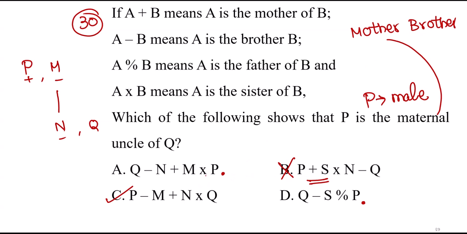Otherwise, M is daughter of P. Already father came. Now daughter of P means P may be mother, so P's gender male or female can be decided. Wife, husband, something like that is okay. But generally sister of brother of something, that decision is difficult. Fine, generation gap also we can check.